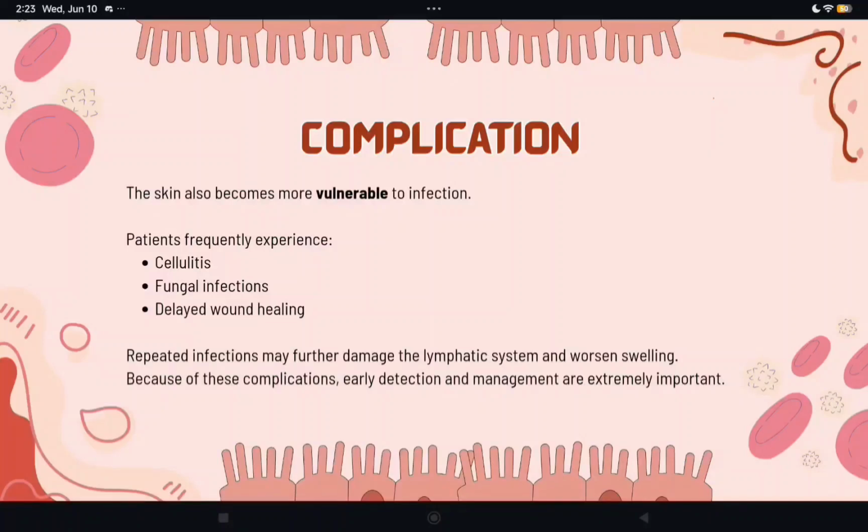Patients frequently experience cellulitis, fungal infections, and delayed wound healing. Repeated infections may further damage the lymphatic system and worsen the swelling. Because of these complications, early detection and management are extremely important.